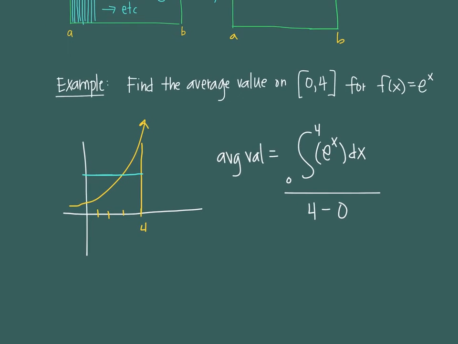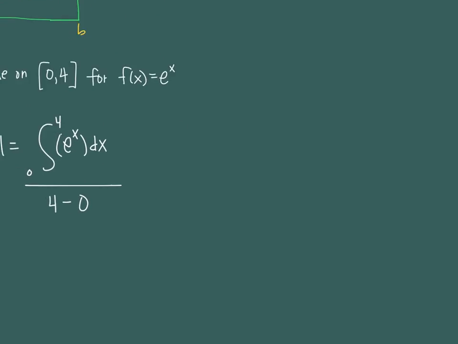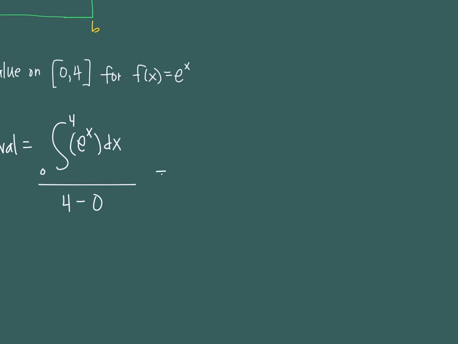Hopefully we understand the geometry of it, but now we want to work the calculus. The antiderivative of e to the x is e to the x itself divided by the natural log of e, plus c, from 0 to 4, over the interval 4 minus 0.